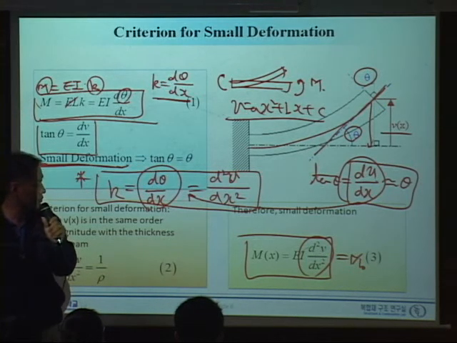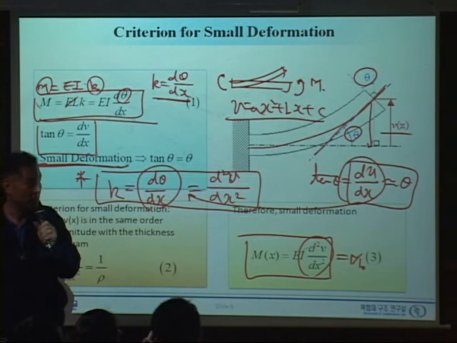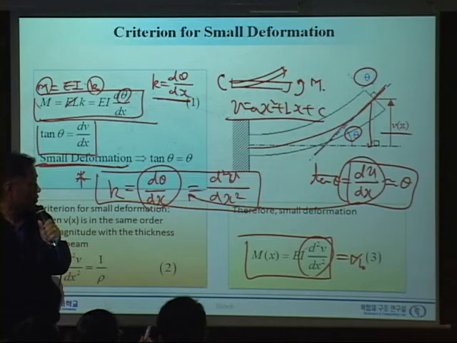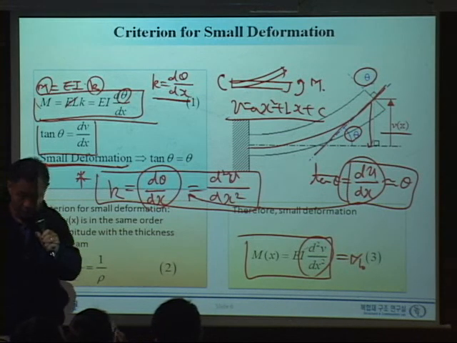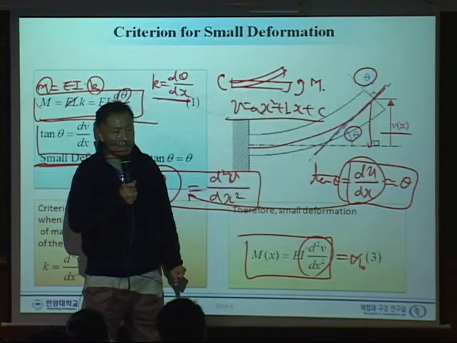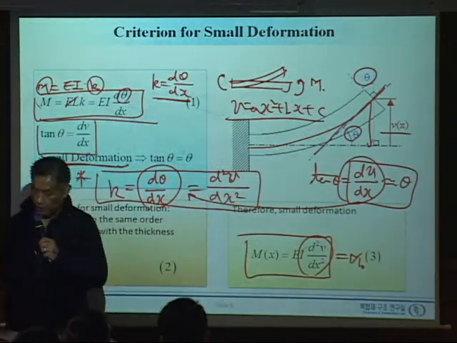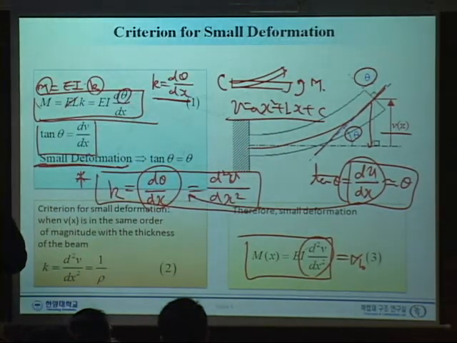Because the second derivative is given as the moment. If the moment is a constant, then deflection will be a second order function of x, right? So anyhow, this is the relation we're going to use.